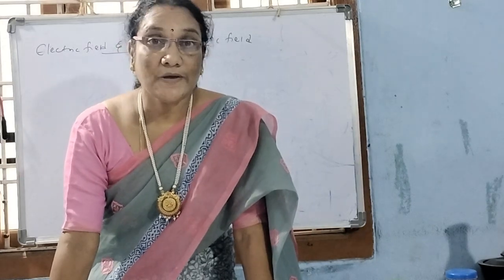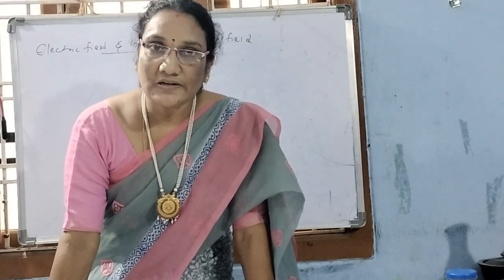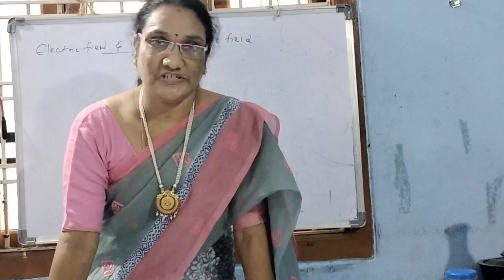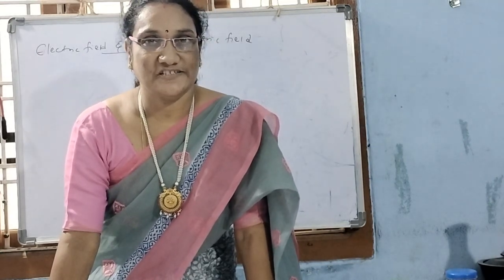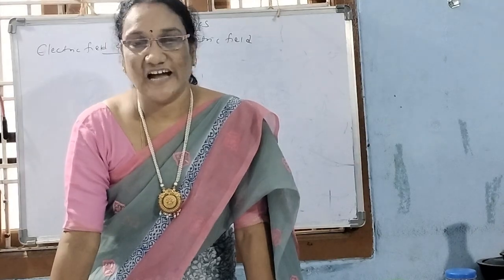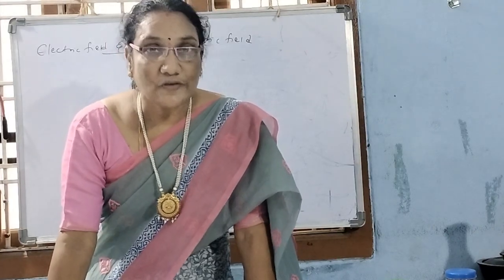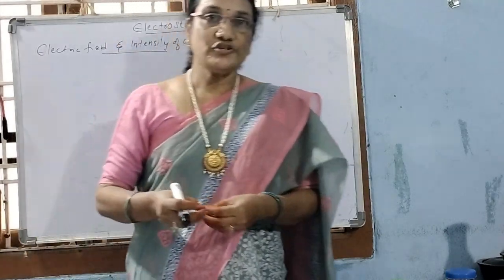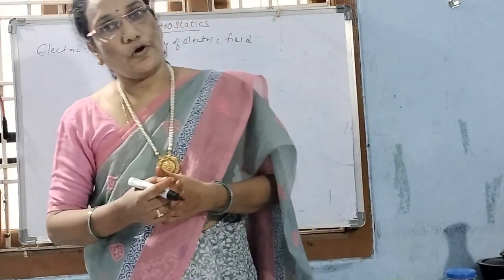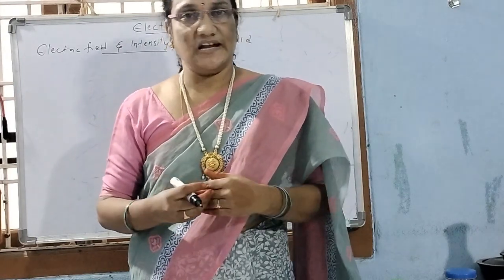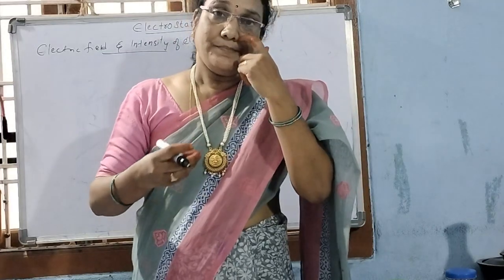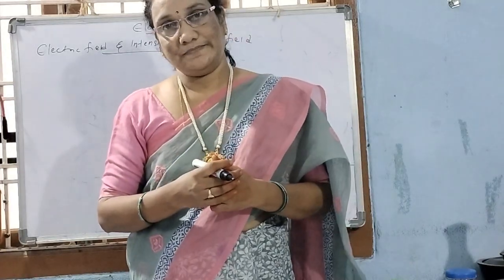The proton has a positive charge, the electron has a negative charge, and the neutron is chargeless. The charge of either a proton or an electron is 1.6 into 10 to the power of minus 19 coulombs.